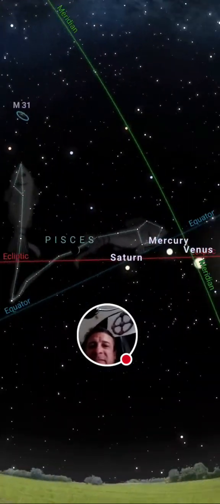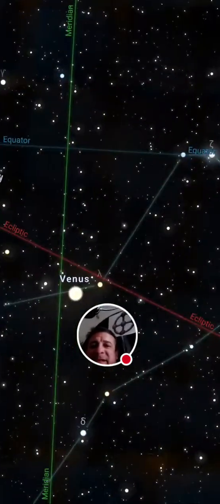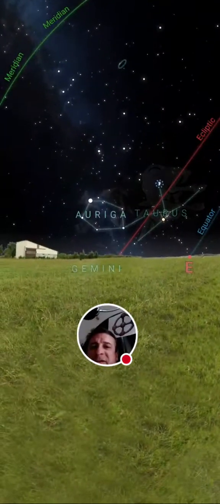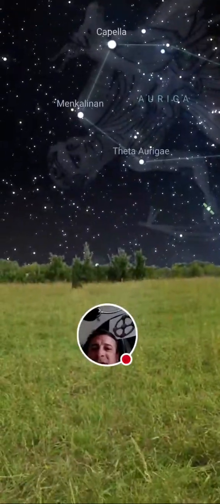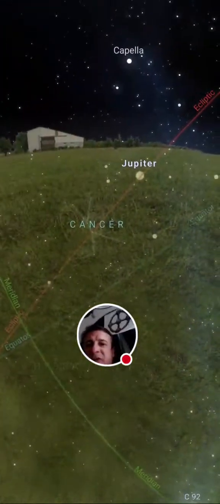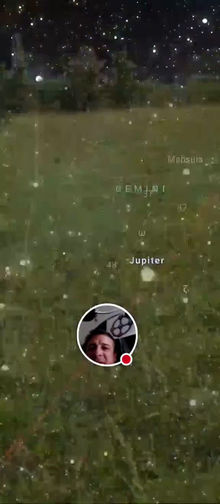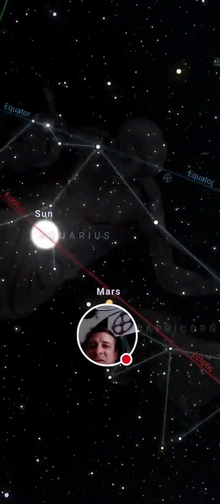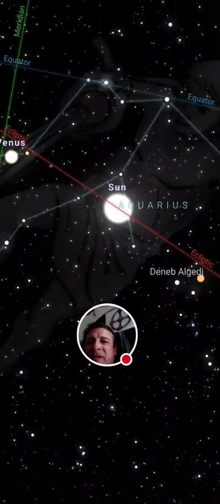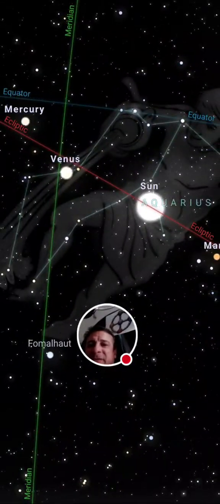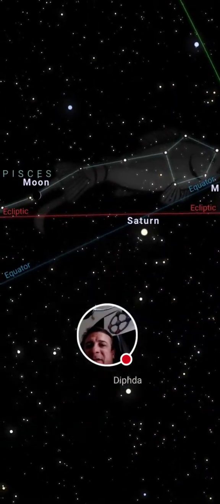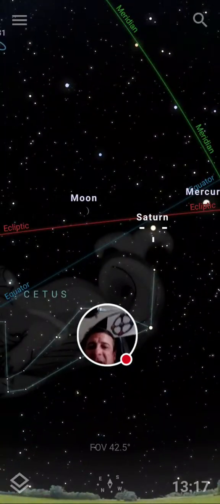And Saturn's pretty bright at night. Usually what you see is Jupiter over here, and Gemini is what you see usually. Real bright here lately. But Sun in Aquarius.